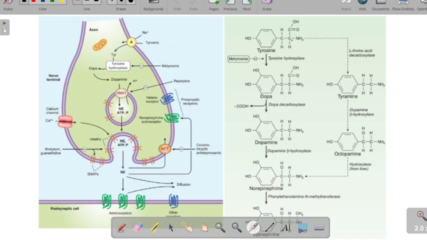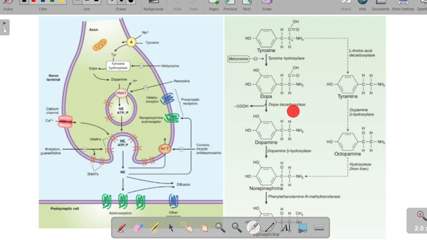This is adrenergic transmission. So tyrosine is transported into the nerve terminal with the help of sodium dependent transporter, and tyrosine is converted to dopamine. These are the steps. So tyrosine is converted to dopa first with the help of enzyme tyrosine hydroxylase, which is blocked by metyrosine.